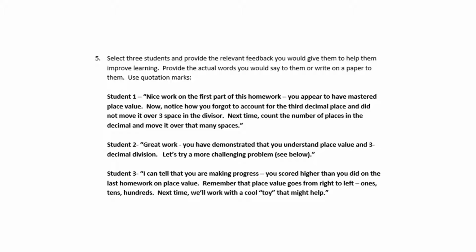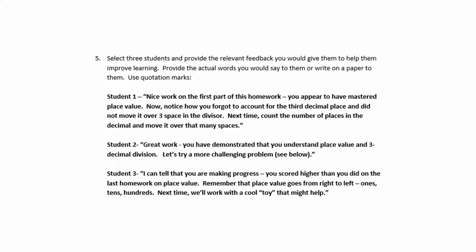Student 3, this is the student that struggled with both objectives, and it's kind of difficult sometimes to think of something positive to say to the student. You can see if they're making progress, if their scores have come up at all, which in this case I'm saying they have. You can compliment them on their attempts at solving and writing out the answers.